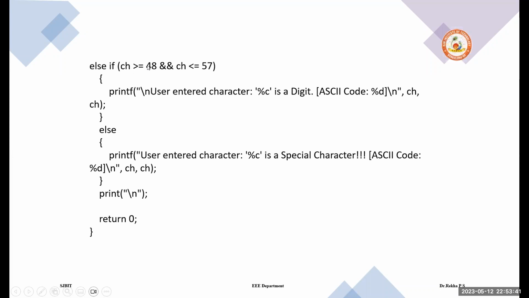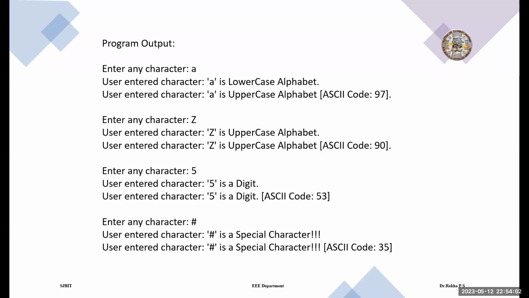If that condition is not true, then it will go to the else condition. In that else condition, the user entered character is nothing but a special character. Then it will print backslash n, which is nothing but the new line character. Then it will end the program.